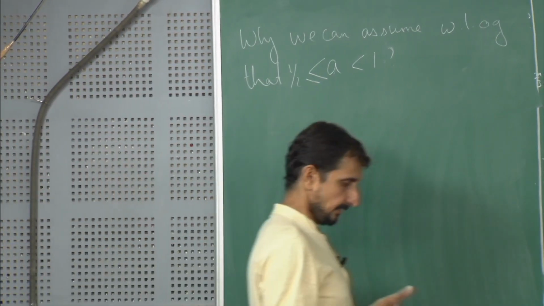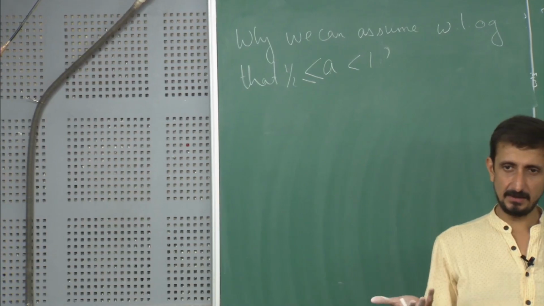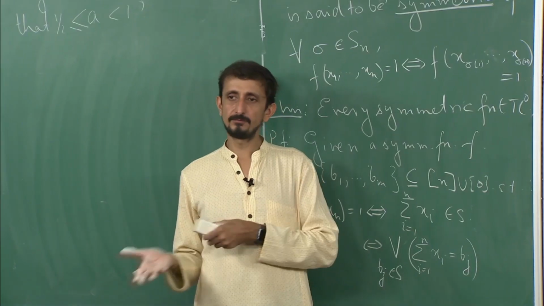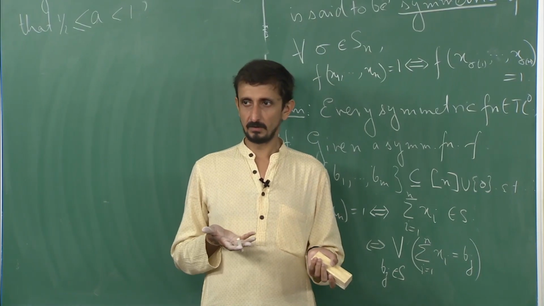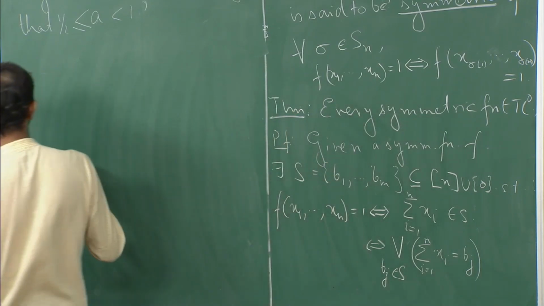What you can do is you can keep dividing a by 2 until it falls below 1.